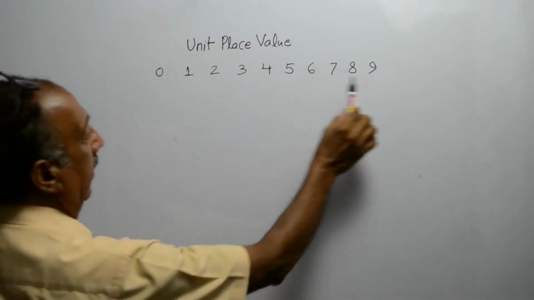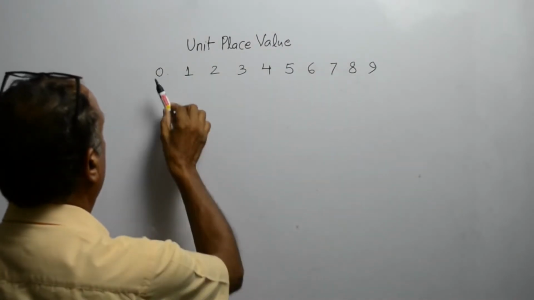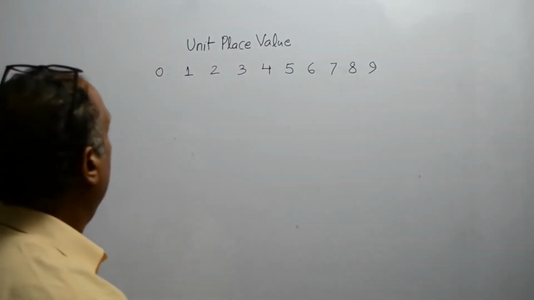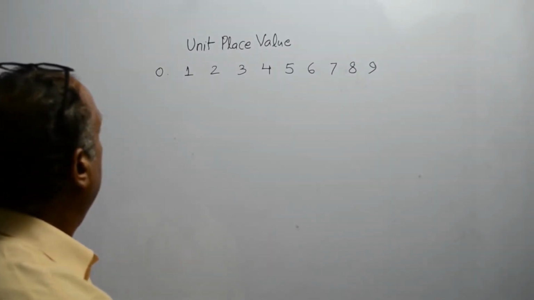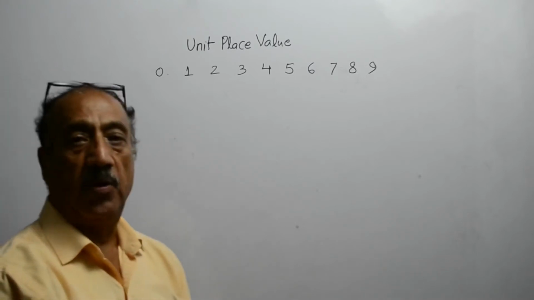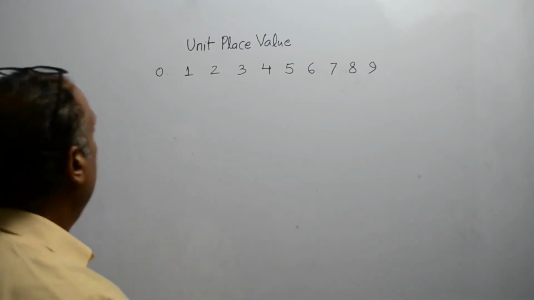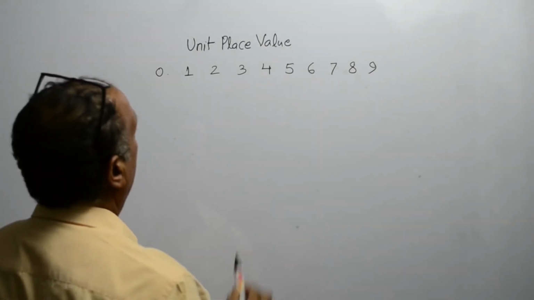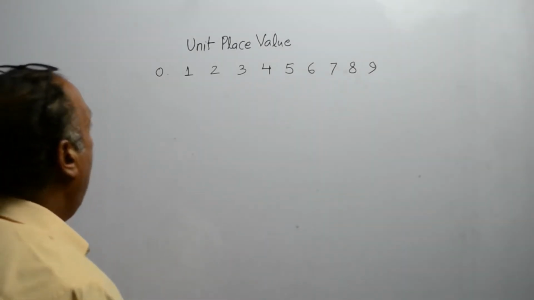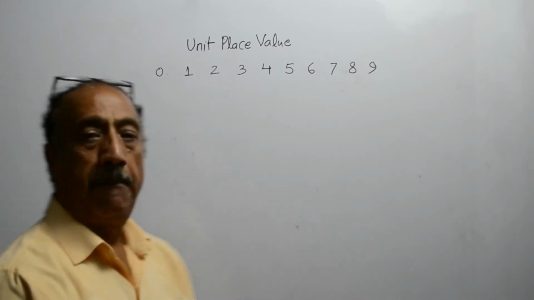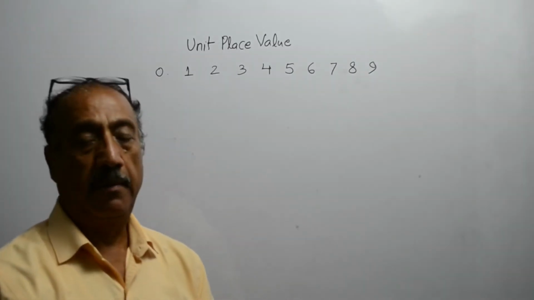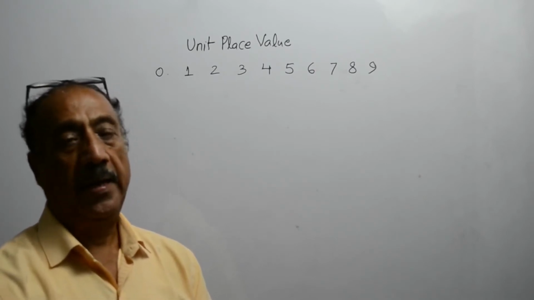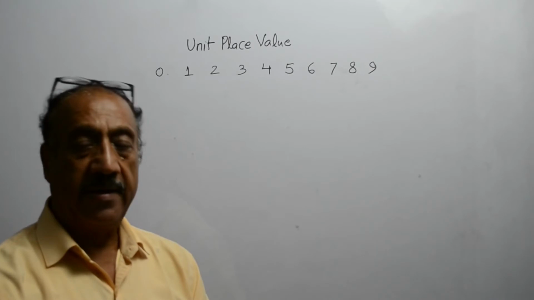We have 10 digits, 0 to 9, total 10 digits. In order to find out the unit place value of different numbers ending with these different digits, we must know how a particular digit behaves when it is multiplied by itself again and again.